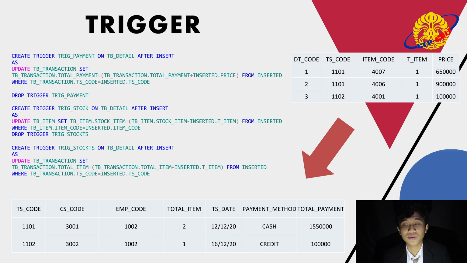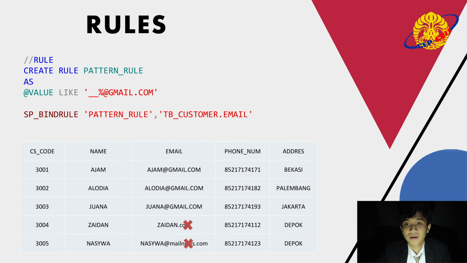Here, my group uses a trigger to update the table, so that when I enter the input into the table, the total in the transaction column will automatically increase, and the item column will decrease in stock.